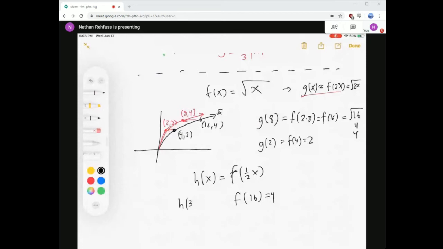H of 32 is the same as f of 1/2 of 32. So that's f of 16, which is 4, so h has the point (32, 4), and h of 8 is f of 4, which is 2. So now our money only goes half as far as it did with f. So here's the point.